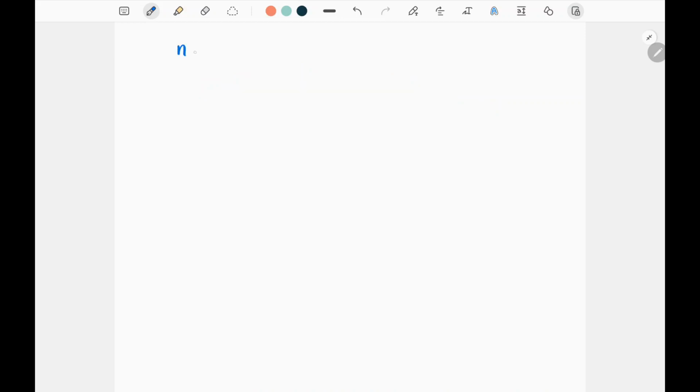Now we are going to extend the same idea to n-dimensional space, which is called a hyperplane in this scenario. For a hyperplane, we have the same w0, the intercept term, which is going to be there in any case.